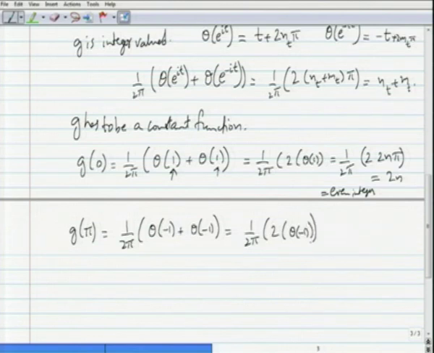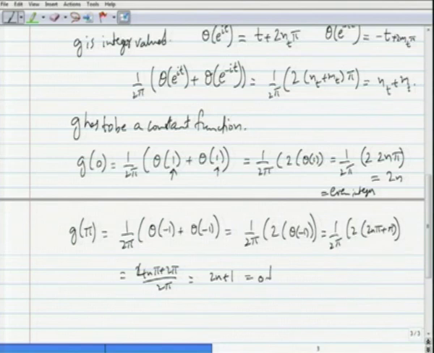Well, an argument for minus 1 has to look like 2 n pi plus pi for some integer n. So, that gives us 2 times 2 n pi plus pi, that is 4 n pi plus 2 pi, divided by 2 pi, which is 2 n plus 1, which is an odd integer.